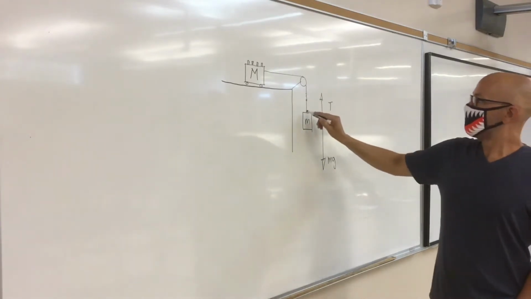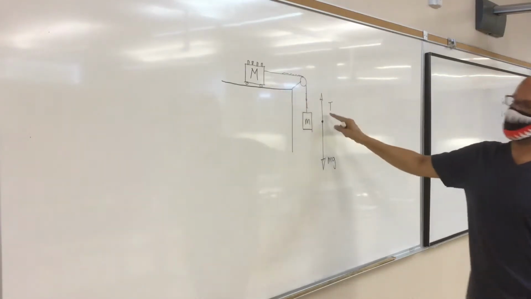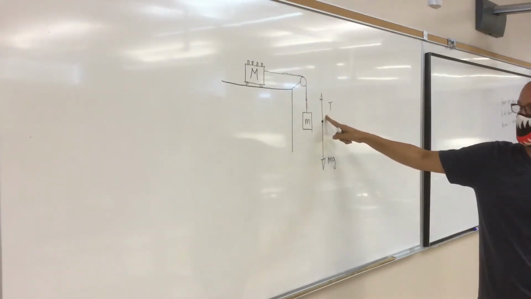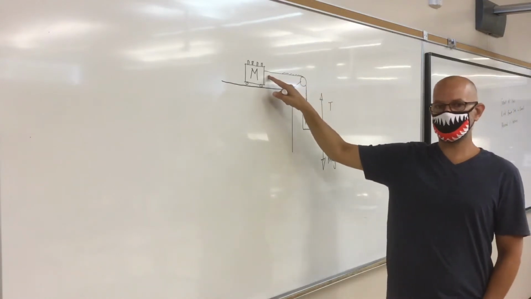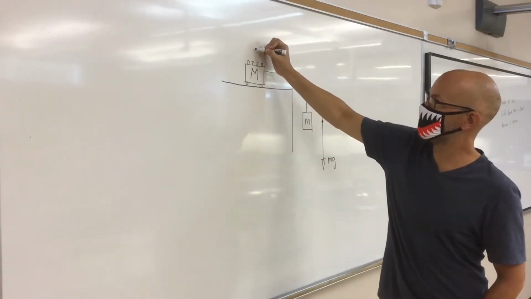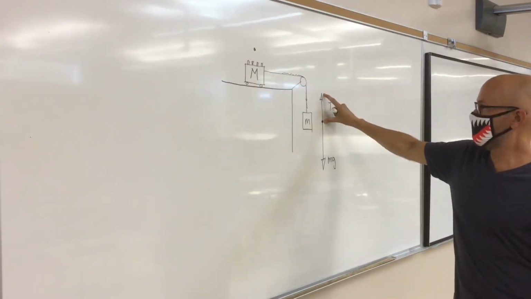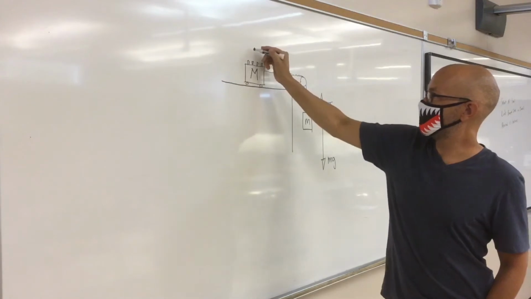However, the tension is the same throughout the entire string, so the very tension that's pulling up on the small mass is the same as the tension that's pulling to the right on the large mass. So we make a free body diagram here as well. And whatever length I made that vector, it's good practice to make it the same length here.